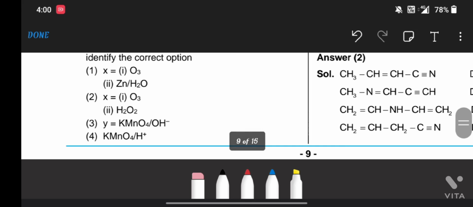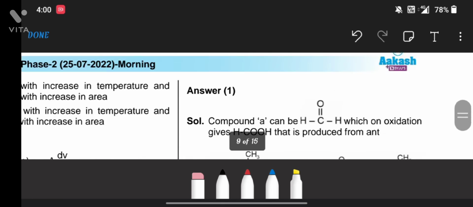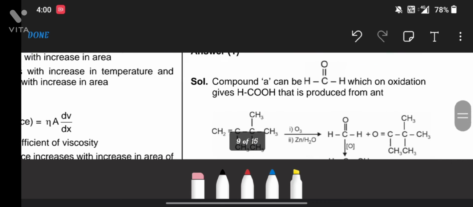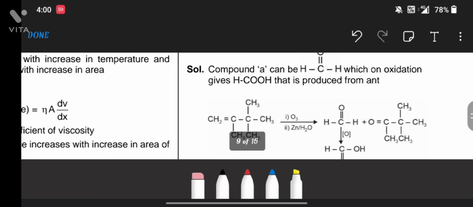The options given: X is O3 first, then Zn or H2O. Second option, X is O3 first, then H2O2. Third, Y is KMnO4 or OH minus. Fourth, KMnO4 or H plus. Now if we solve this reaction.